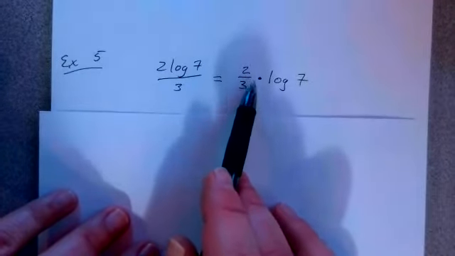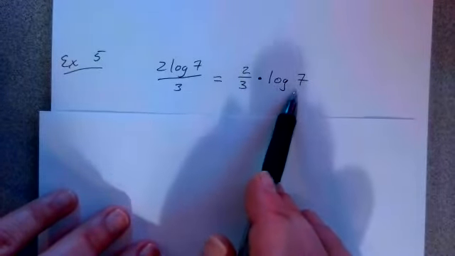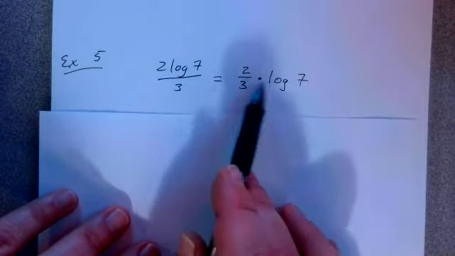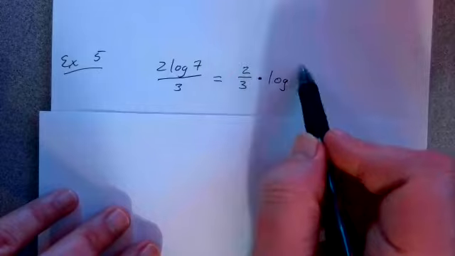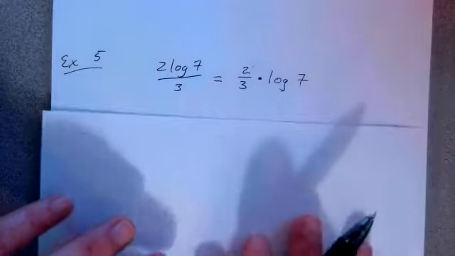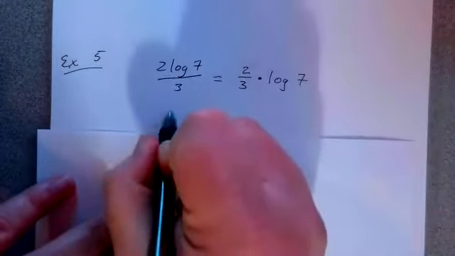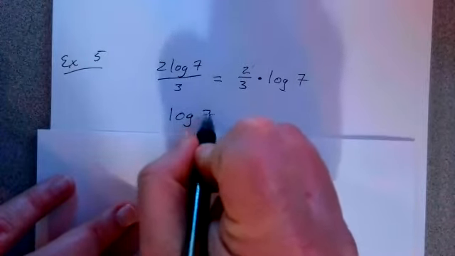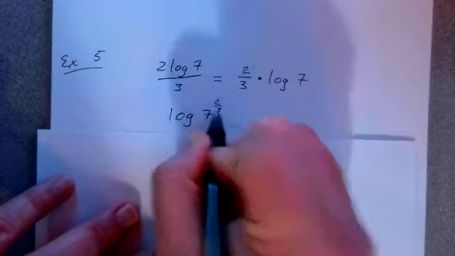And once I do that, now I can see I have a multiplier in front of a logarithm. This is that third property where you have a multiplier in front of a logarithm. That then becomes the exponent of the argument. So now my final answer here would be log base 10, right, of 7 raised to the 2/3 power.